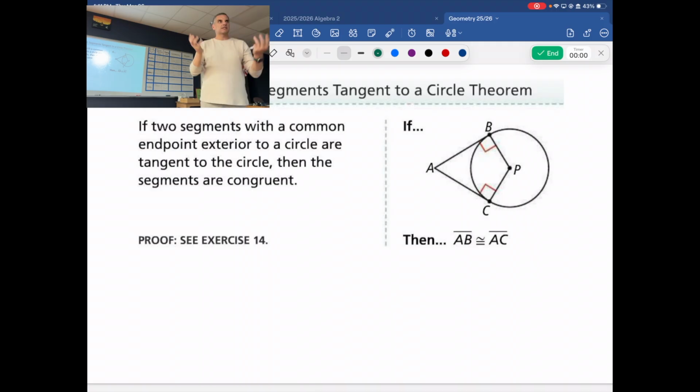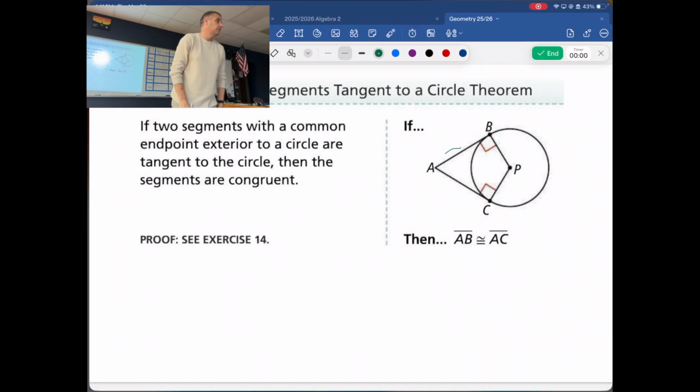Essentially what this means is if I look at point A, and if I draw 2 tangent lines to 2 different points on the circle from A, that the distance from A to B is the same as the distance from A to C. These 2 pieces are going to be congruent to each other.